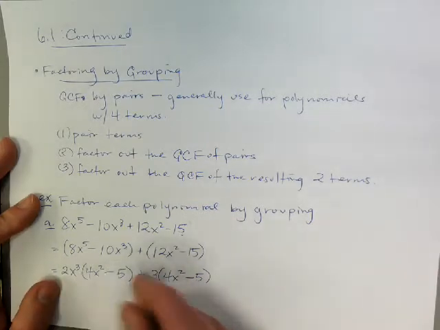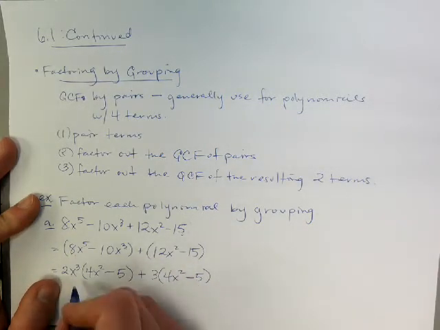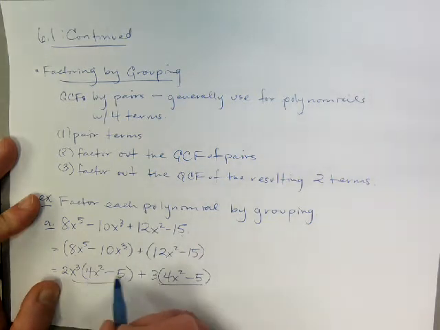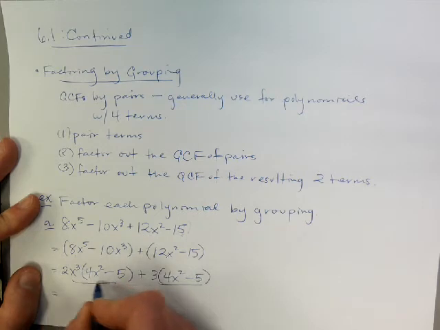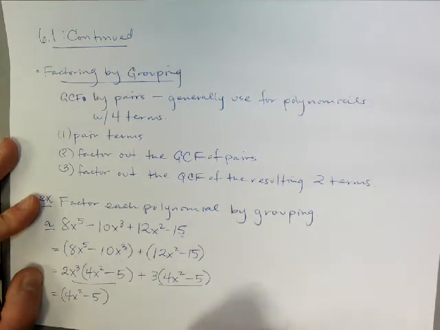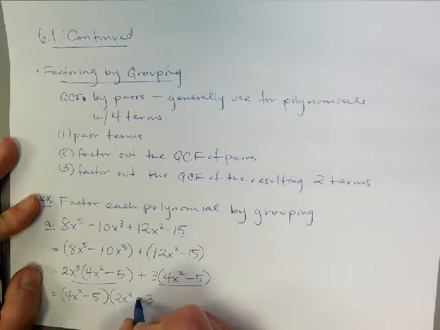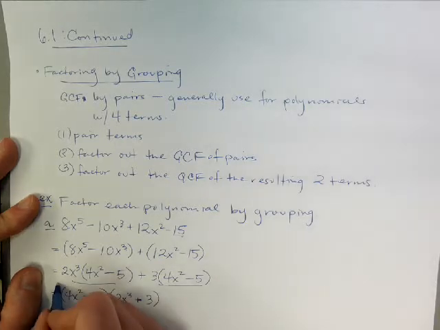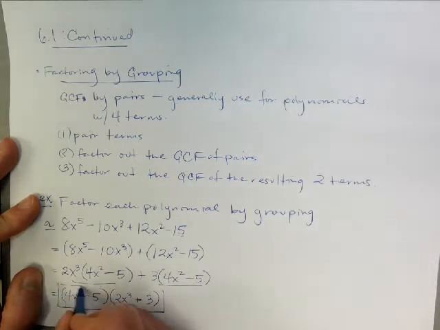Now notice that we have 2 terms, and these 2 terms have a GCF of 4x squared minus 5. So we factor that out. And then what's left is the 2x cubed and the 3. And that is a completely factored polynomial.